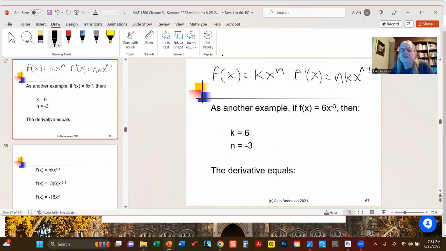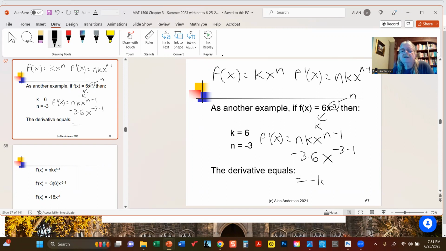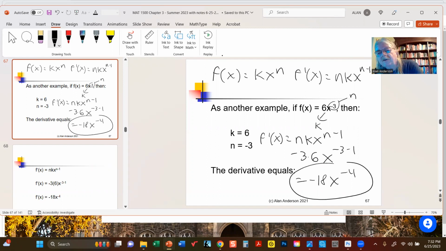All right, so we can see that here's our k. Remember here, this is negative. So we're going to wind up with negative 3 times 6 times x to the minus 3 minus 1. So that's minus 18 x to the minus 4. So it's easy to make algebraic errors with something like this. We have to be careful.